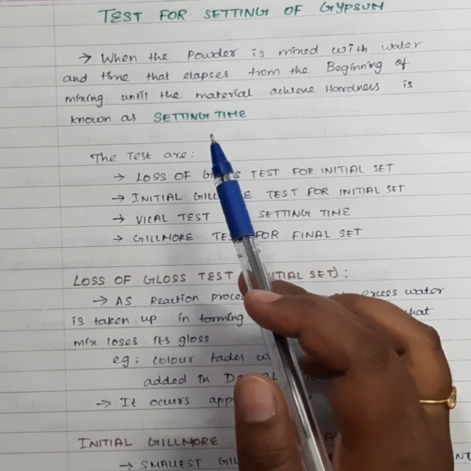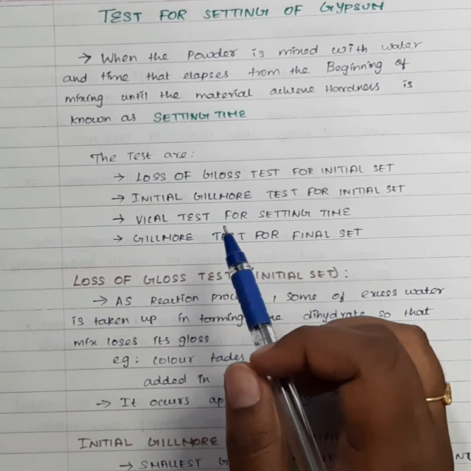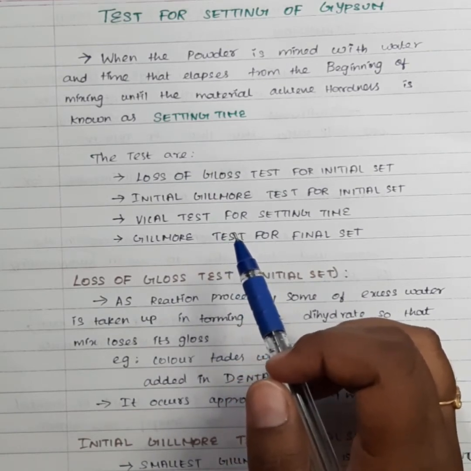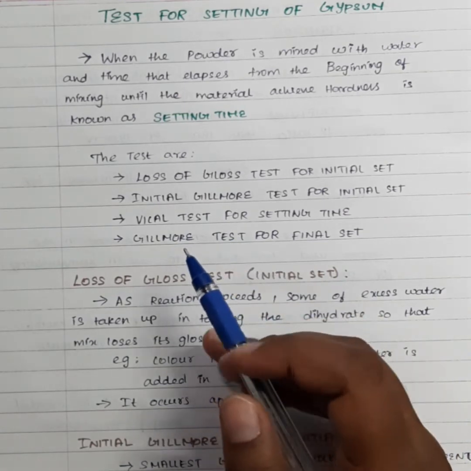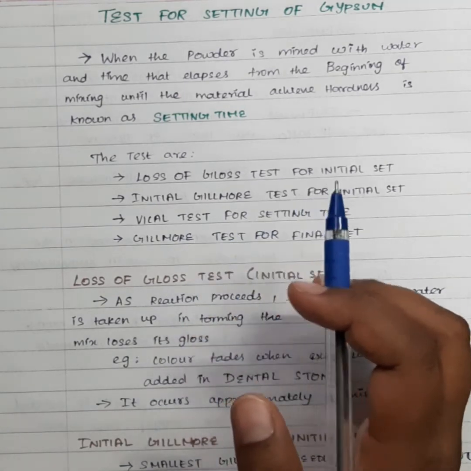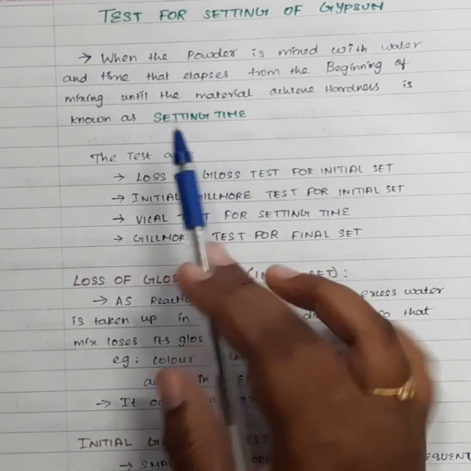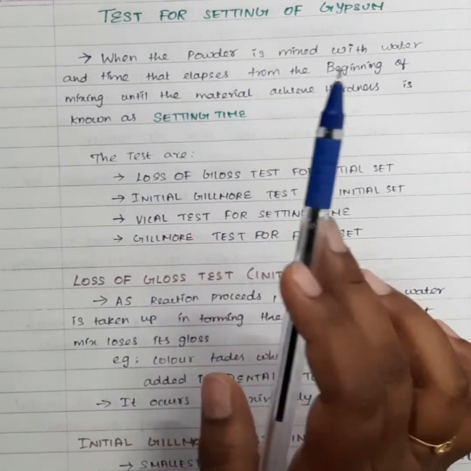When the powder is taken and an adequate amount of water is added to it, in some time the material gets hard. That time from powder to solid is known as the setting time.